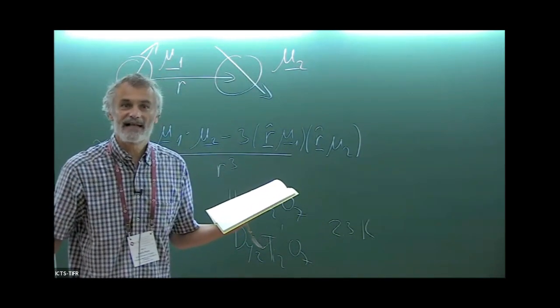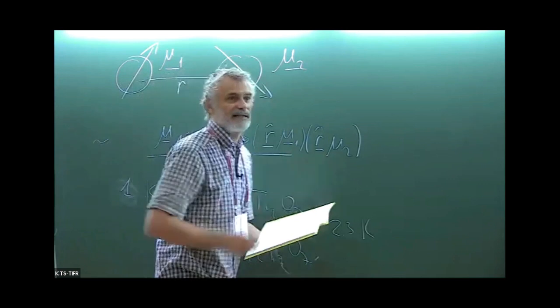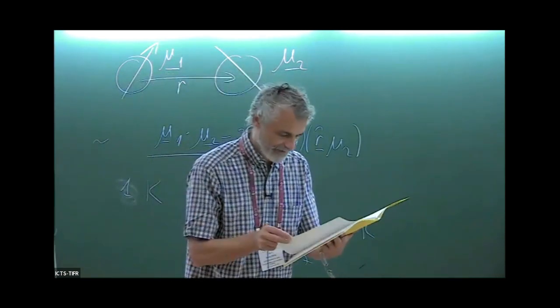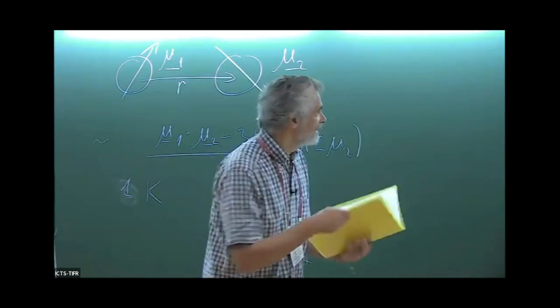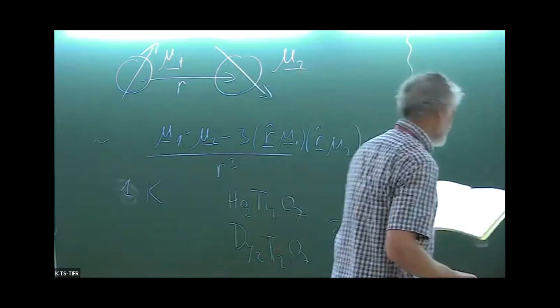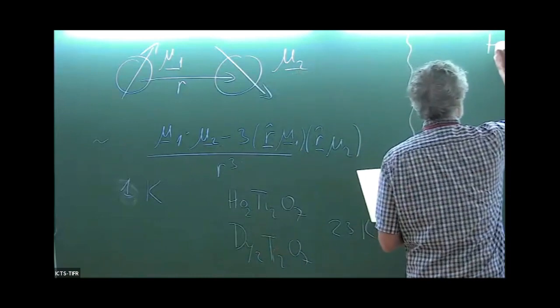So how do they arise if not by this dipole-dipole interaction? Let's try to look at the simplest model of Mott insulators, and that is the Hubbard model.